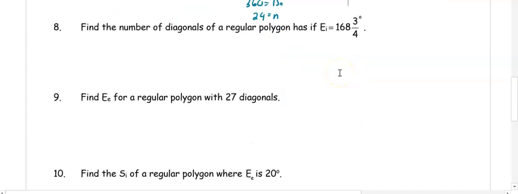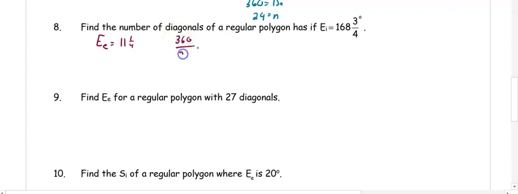In number 8, we want to find the number of diagonals in a regular polygon if each interior is 168 degrees and 3/4. So again, let's find the exterior angle first. So when we do that, we can subtract from 180, we get 11 1/4 degrees.